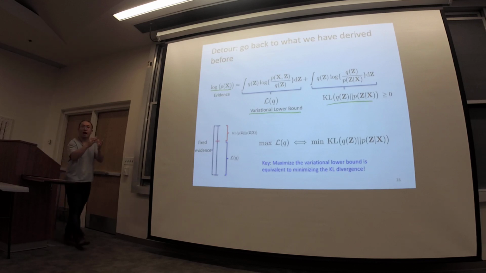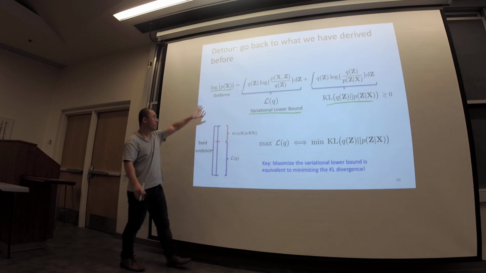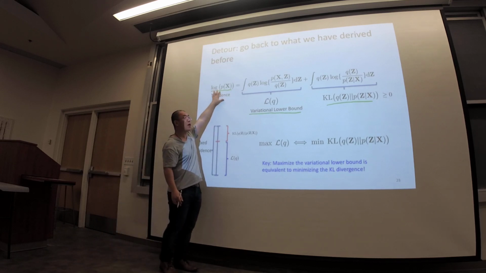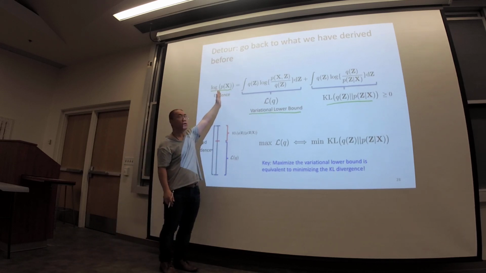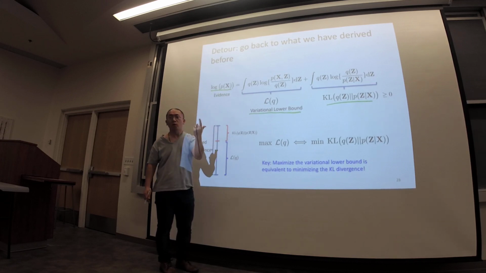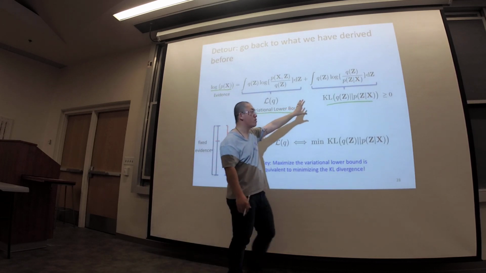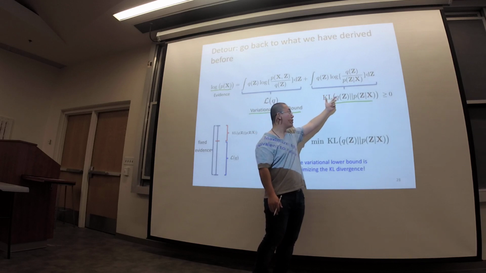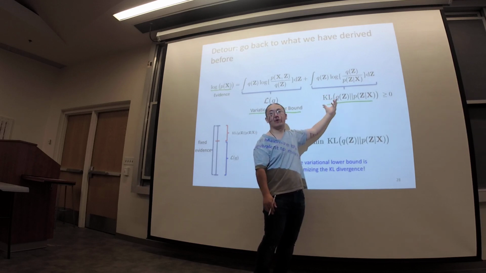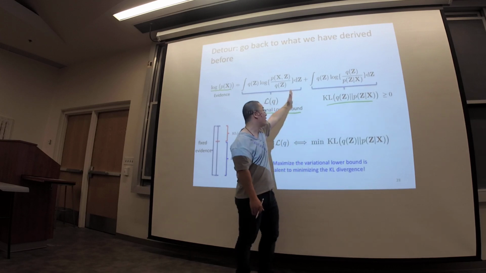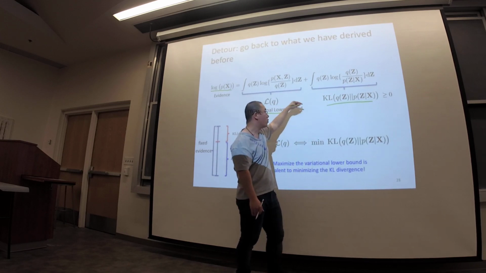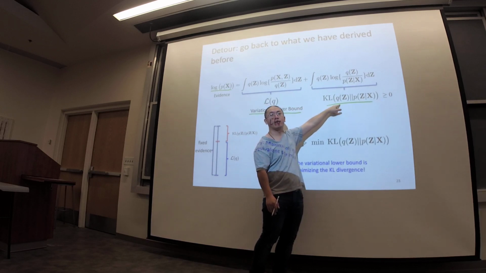Now we assume the hyperparameters are fixed, so this model evidence is a constant. This constant consists of two terms: one term is the lower bound, one term is the KL divergence. If we consider Q of Z as your approximate posterior distribution, maximizing this lower bound is equivalent to minimizing the KL divergence.